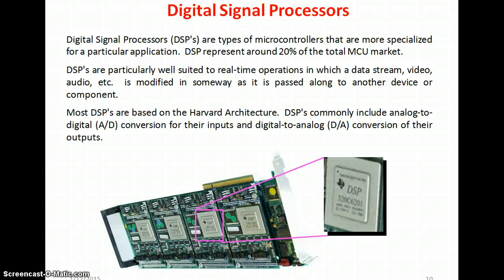DSP are particularly well suited for real-time operation in which a data stream, video, audio, etc., is modified in some way as it is passed along to another device or component. Most DSP are based on the Harvard architecture. DSP commonly include analog to digital conversion for their input and digital to analog conversion for their output.